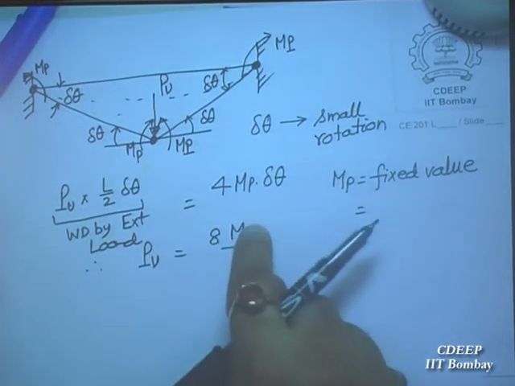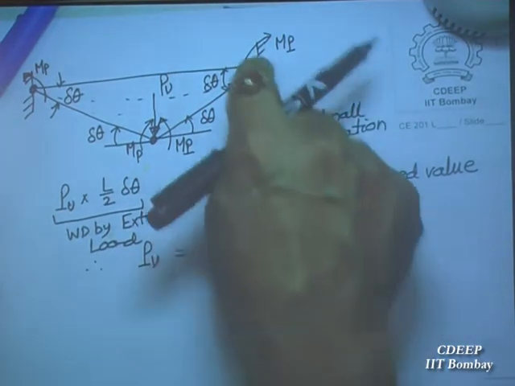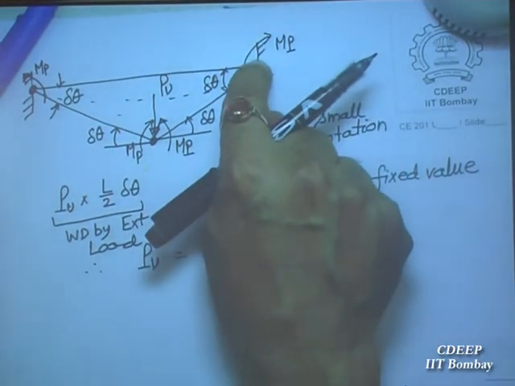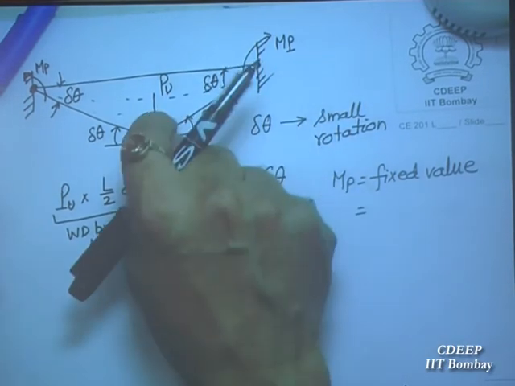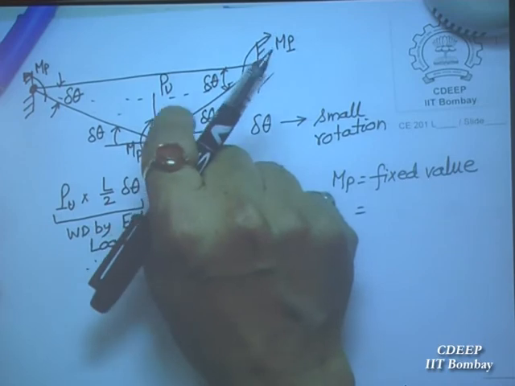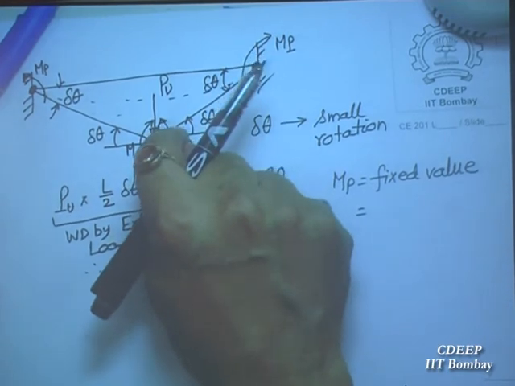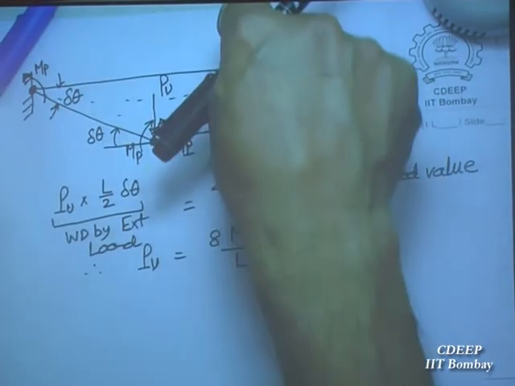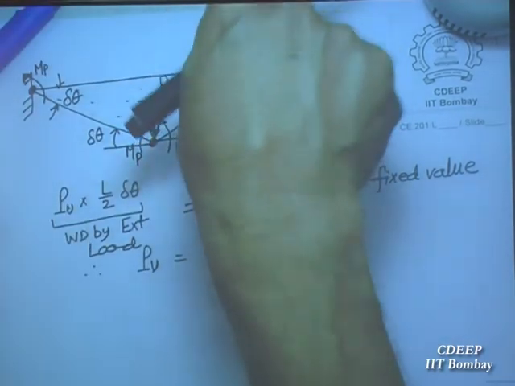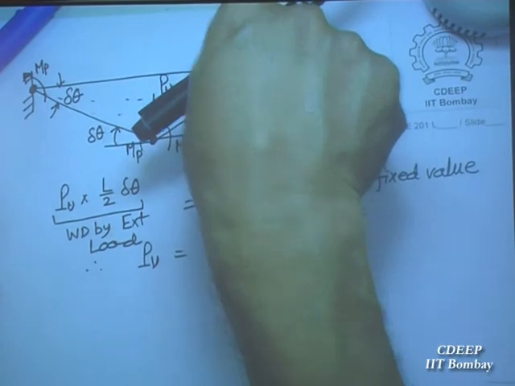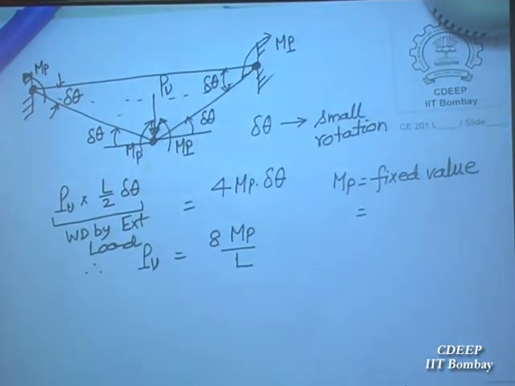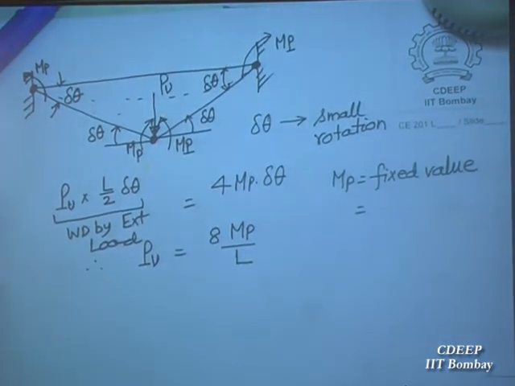Since MP is fixed and L is fixed, this beam is as strong as double that of simply supported. You can put on this twice the load. So by making the beam fixed, by increasing the fixity, the ultimate load capacity can be increased.